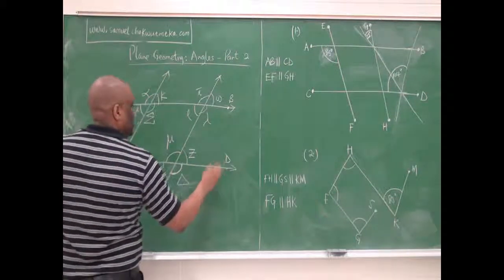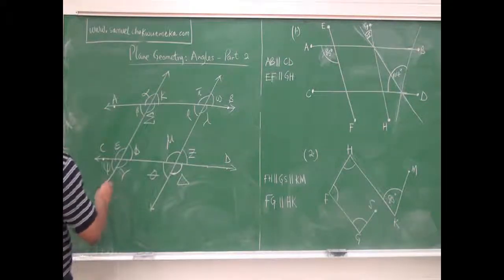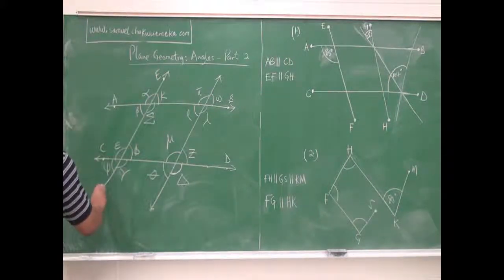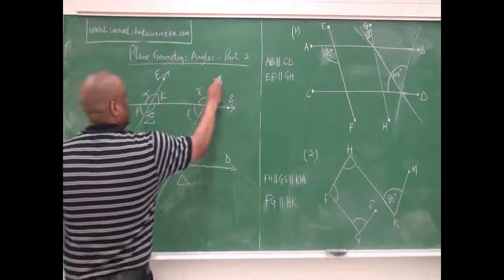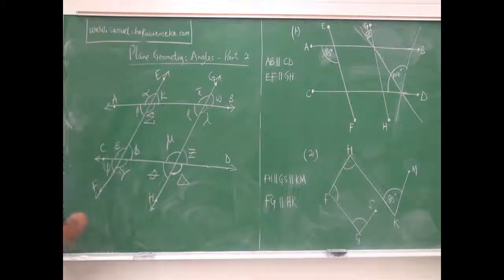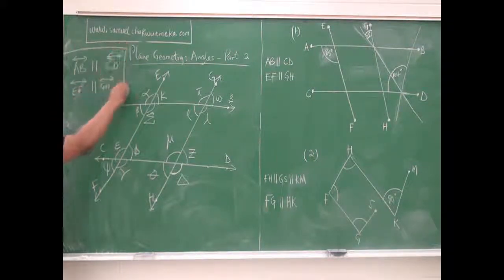AB is parallel to CD, and EF is parallel to GH. So you have it like this. Line AB is parallel to line CD, and then line EF is parallel to line GH. Okay, how are you going to do this?